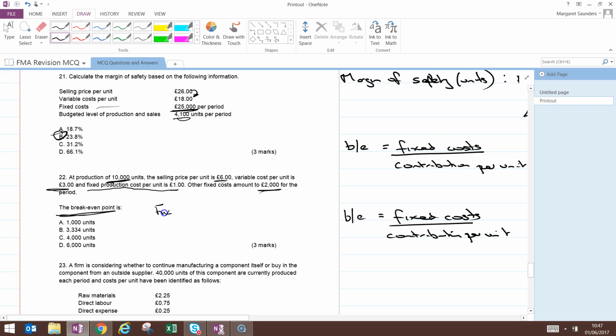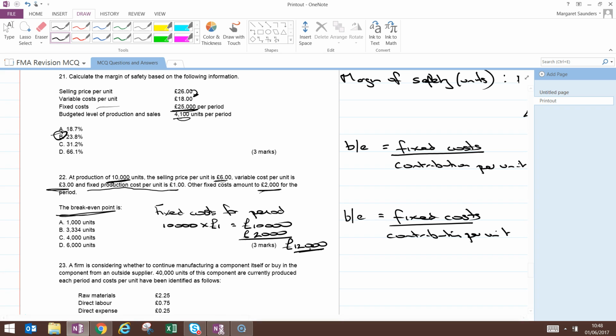So our fixed costs for the period is 10,000 units at £1 a unit, which is £10,000, plus our other fixed costs of 2,000, means we've got fixed costs of £12,000.